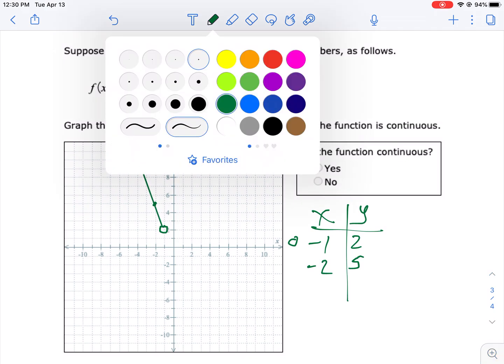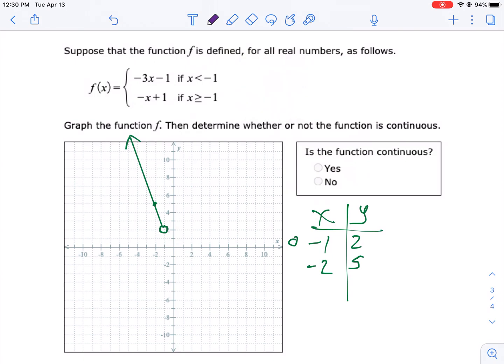Now, I'm going to use my second rule. And I want to pick numbers that are greater than or equal to -1. So I'll go like -1 and 0. Now notice on this one, there is a line under it. So both my points are going to have closed circles. So I put a -1 in for x. So the opposite of -1 is 1. 1 plus 1 is 2.